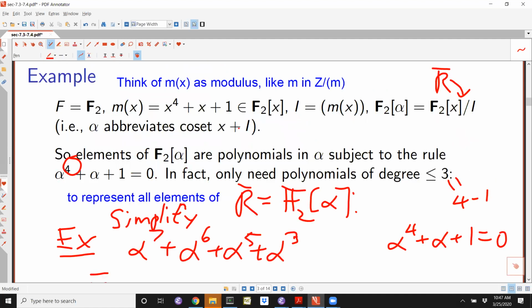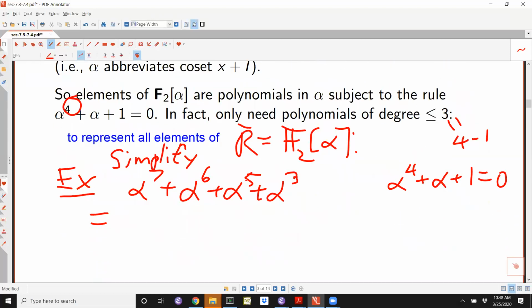In general, if you take a ring of polynomials and you kill a single polynomial, you want to think that you have polynomials in some new variable, say alpha, and you're setting the killed polynomial equal to 0.